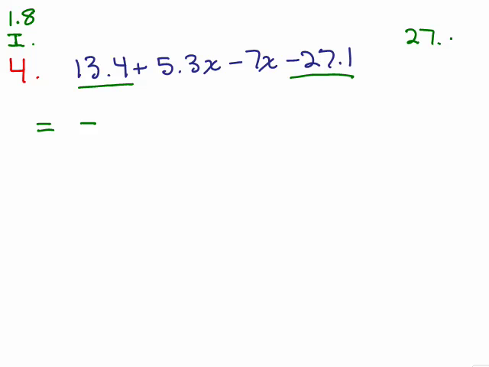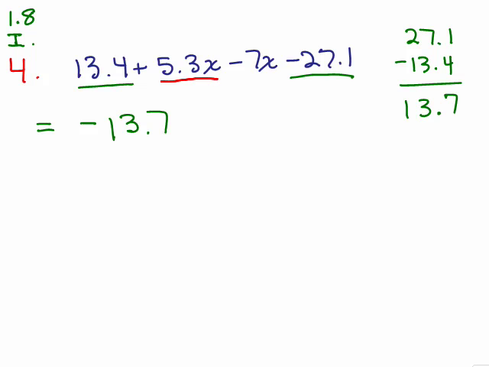And when you subtract decimals, remember that you line up the decimals, just like if it was money, and subtract. So let's see, that's 7, that's 3, 13.7. All right, so it's negative 13.7 is what I get when I add the 13.4 minus 27.1.